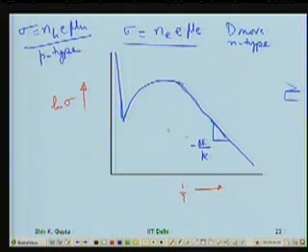Then as the temperature rises, you reach a stage where all the impurities which are present have been ionized. There are no more impurities left to ionize, and whatever conductivity you have reached will not change with increasing temperature.